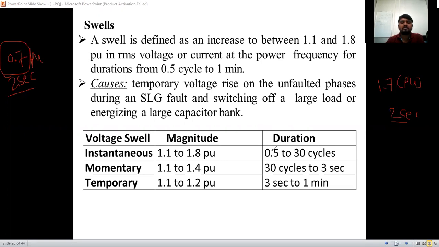Rule number 1, Shraddha, you only tell the answer. Yes, sir. Here there is 0.7 per unit for 2 seconds, and here 1.7 per unit for 2 seconds. Which one is voltage sag, which one is voltage swell?